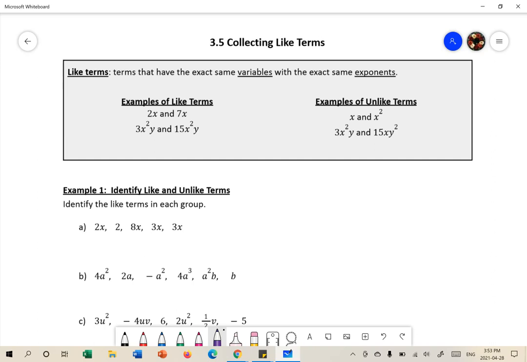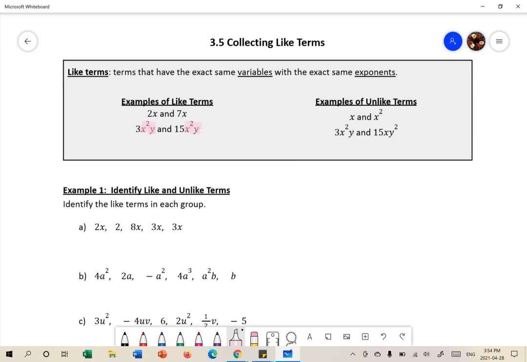And 3x squared y and 5x squared y are also like terms. They both contain the terms x squared y. These are the variables in the term. So all the variables and exponents within that term have to match each other for them to be like.